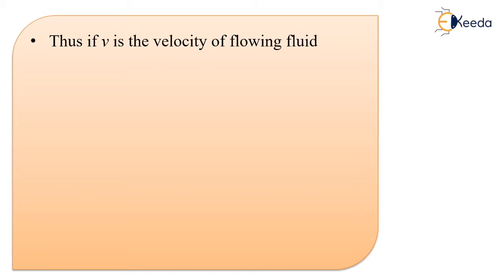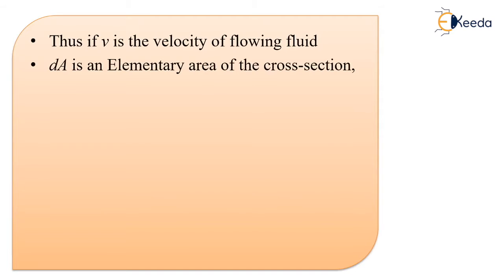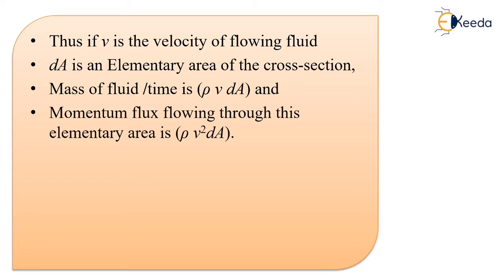Thus, if v is the velocity of the flowing fluid at any point through an elementary area dA of the cross section, then the mass of the fluid flowing per unit time is rho into v into dA, and the corresponding momentum flux flowing through this elementary area is rho into v square into dA.